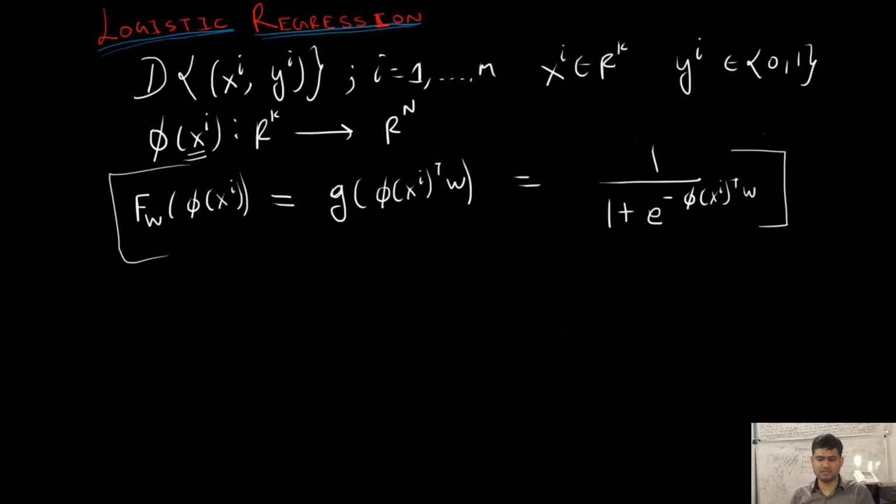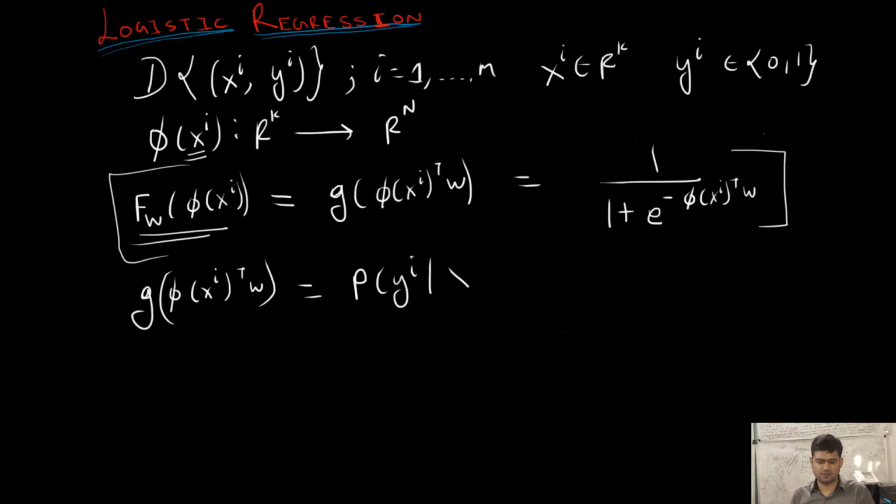And as we showed in the earlier part of the lecture, we'll use it to directly learn the conditional probabilities, that is g of phi of xi transpose w models the conditional probability p of yi given xi, and the distribution is parameterized by the parameter w, the learnable parameter.